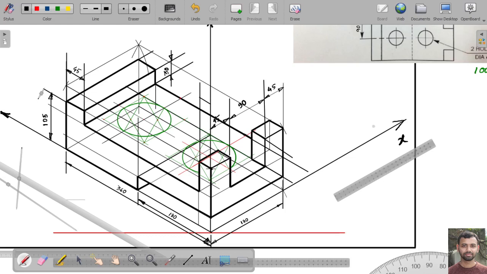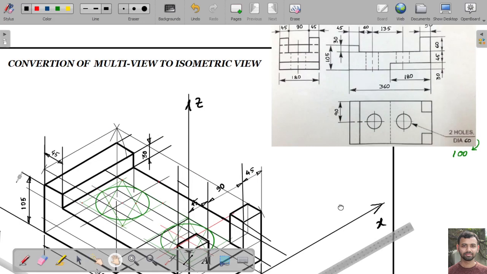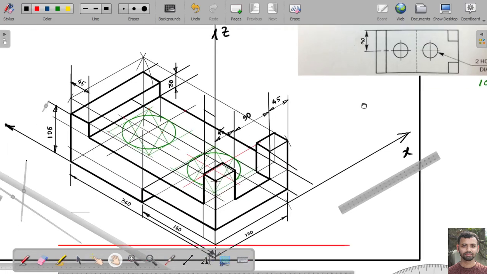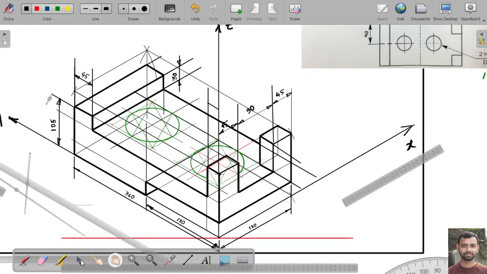Okay, and then this one is 30. So this distance is from this point to this point.